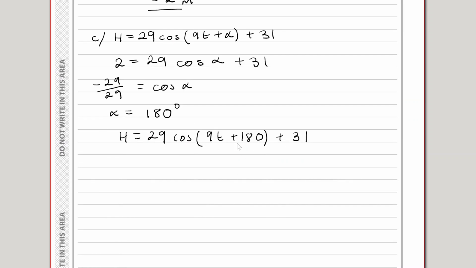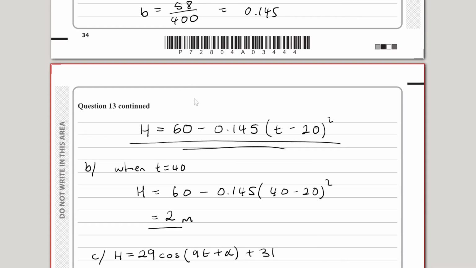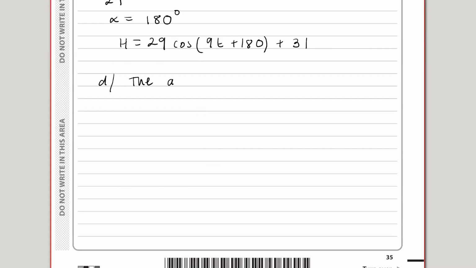So this one is going to go between 2 and 60, and it will keep going like a wave. So the alternative model will repeat.